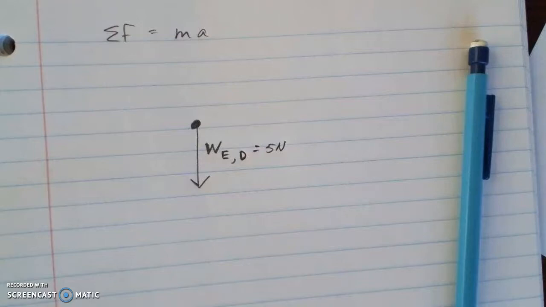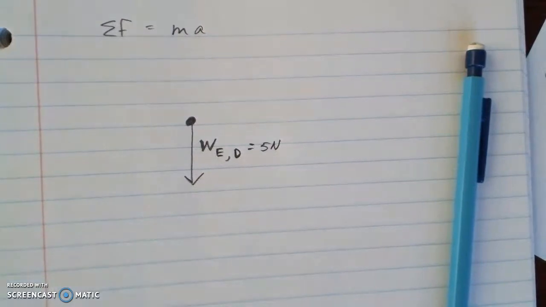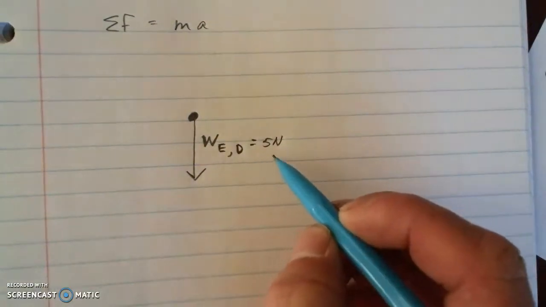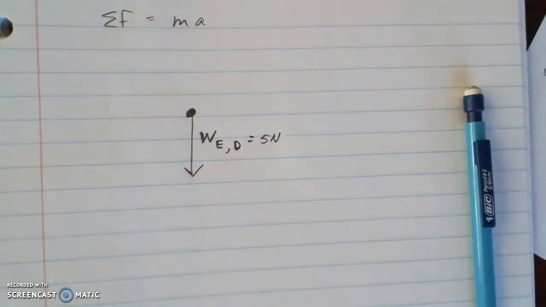So the net force is simply the sum of the forces acting on an object. So if that's the only force acting on the object, it means there's nothing supporting the document camera. That picture I've drawn there would be a free body diagram of the document camera in free fall. It would be accelerating at 9.8 down.